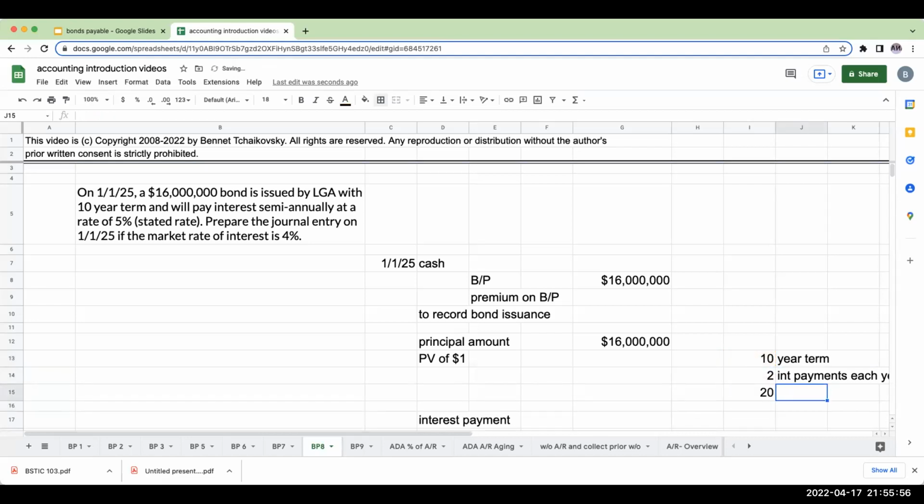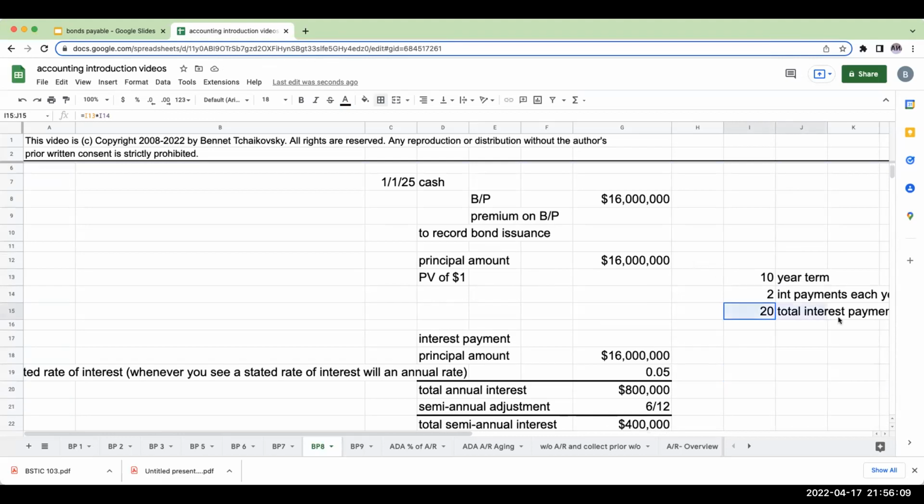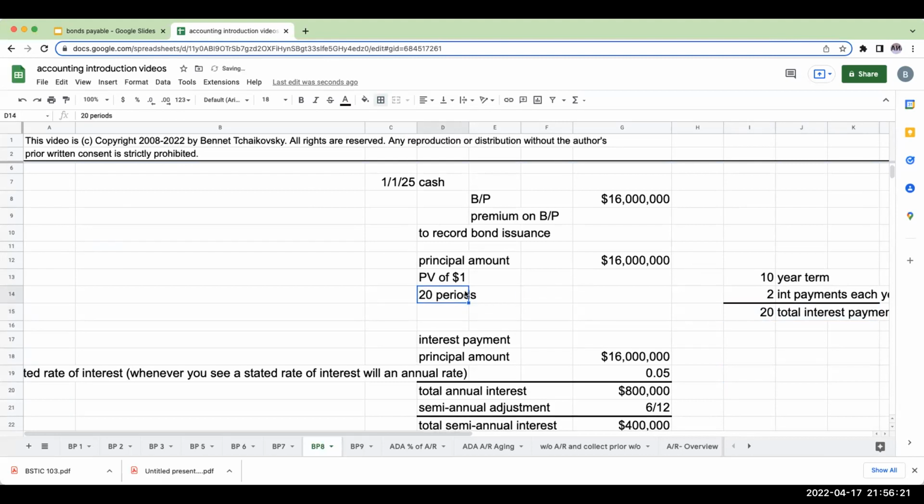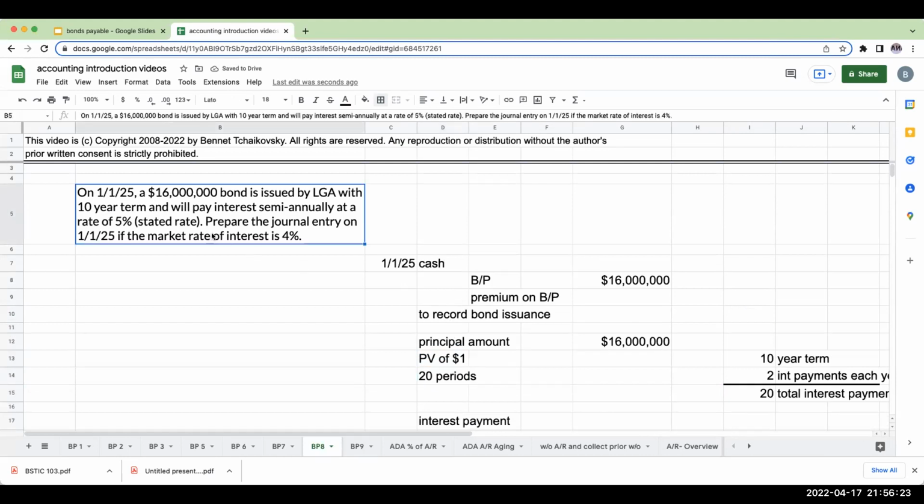So the total number of interest payments that's going to be made is going to be 20. It's going to be paying interest 20 times. Very, very important. So when we go to the present value tables, this is going to be 20 periods, because that's the number of times interest is being paid.